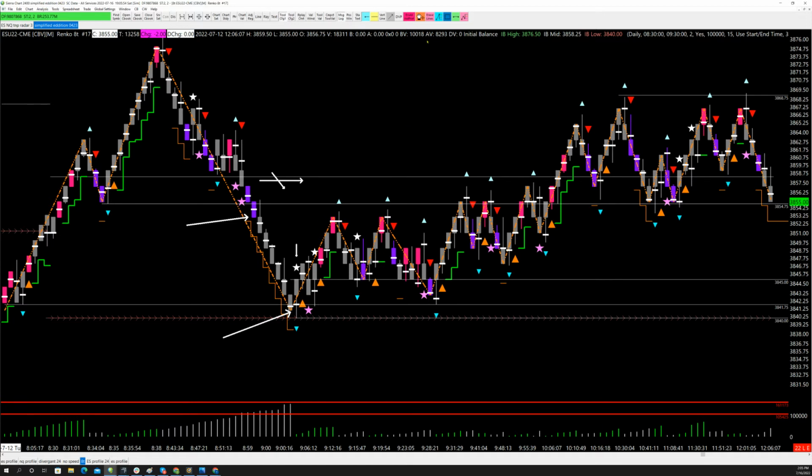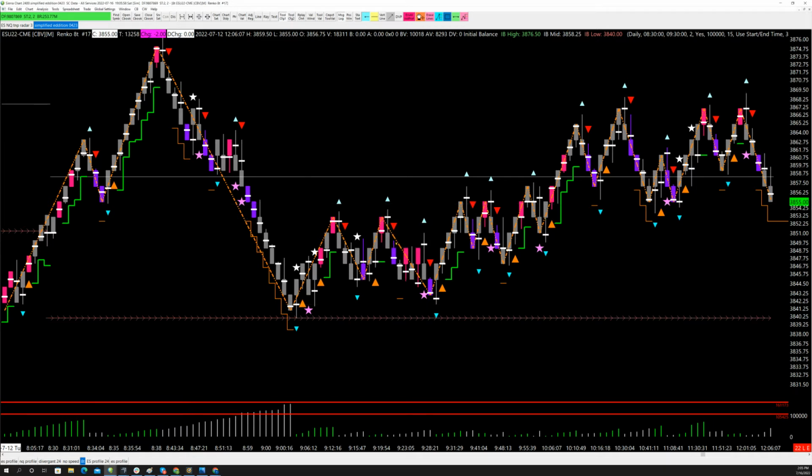And here, if you look carefully, you will see again that we take out a power bar right there, right? So you got a second chance at this. So that's 38.44, took it out. Your entry's 38.47, your stop's 5 points.